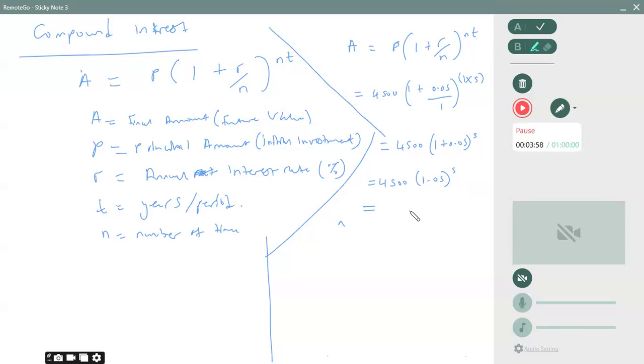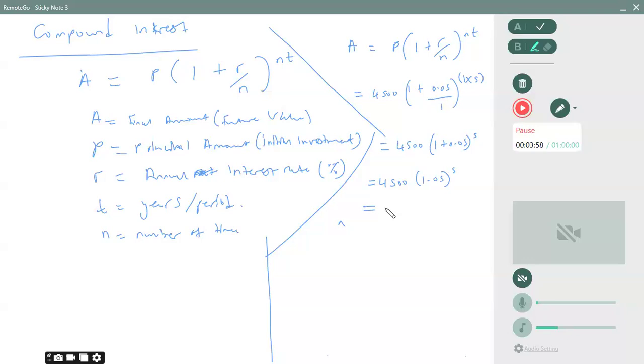Let me start afresh. It's 4,500. No, you first deal with the bracket. Okay. Bracket 1.05. Then I close the bracket. You close the bracket, then you put that curvy inverted V, 5, equals. 1.276.